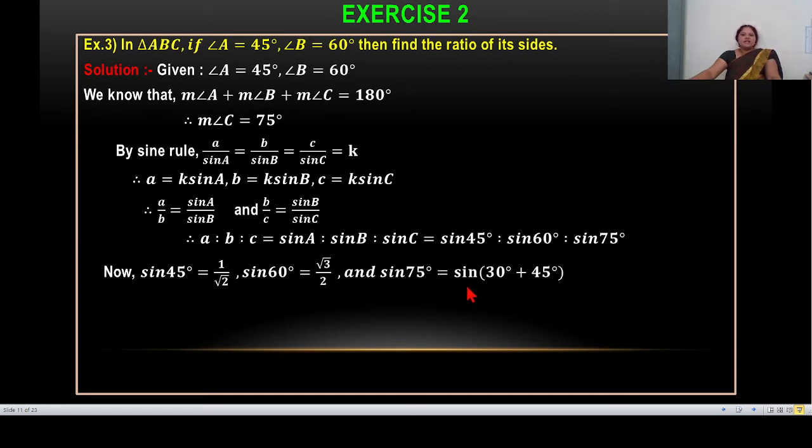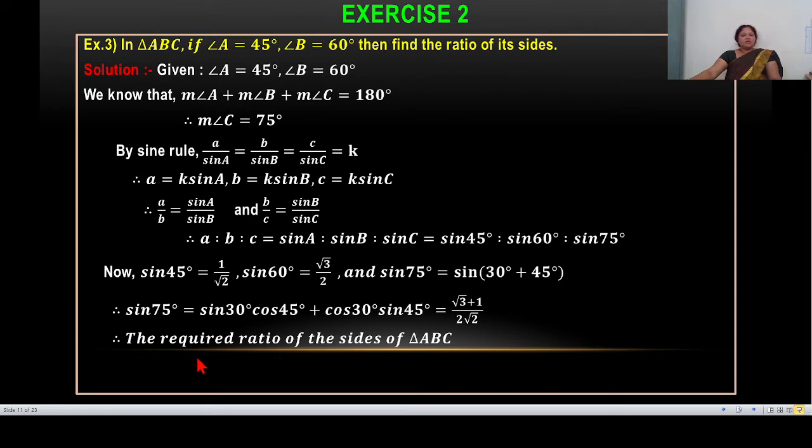And we know that sin (A plus B) is sin A cos B plus cos A sin B. Using this formula, sin (30 degree plus 45 degree) equal to sin 30 degree into cos 45 degree plus cos 30 degree into sin 45 degree equal to (root 3 plus 1) upon 2 root 2.